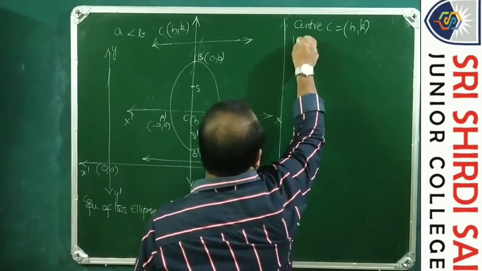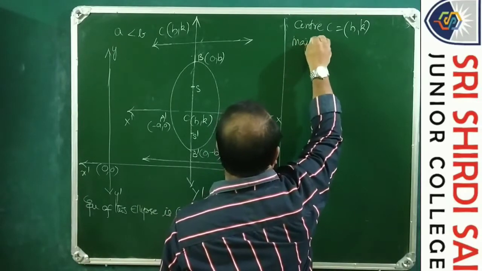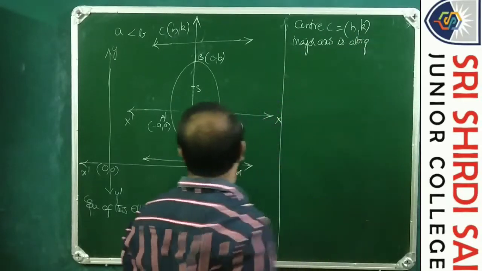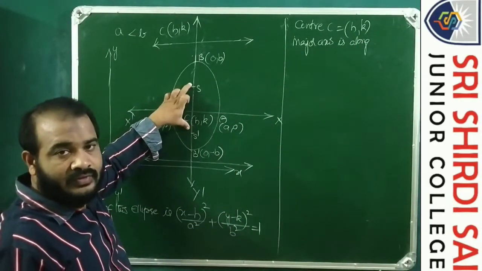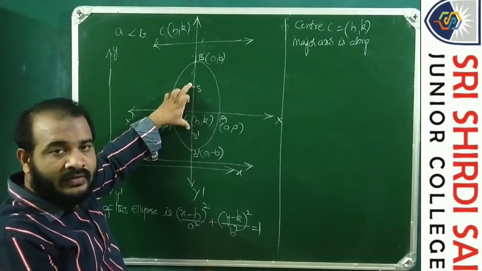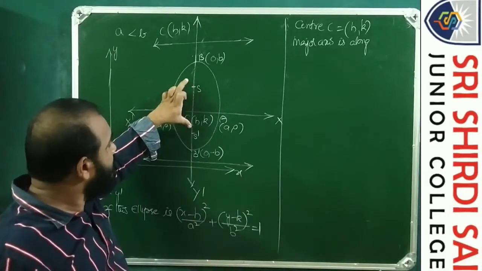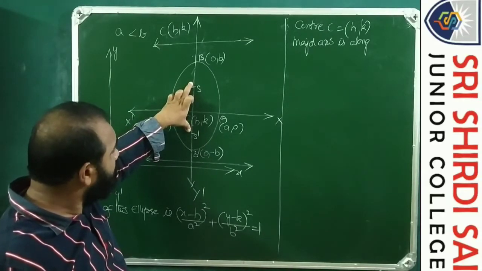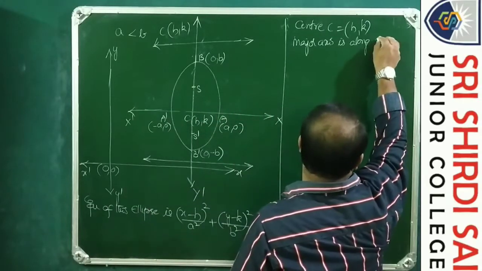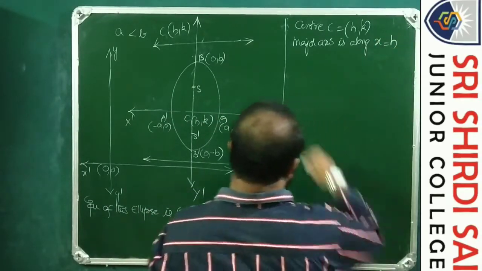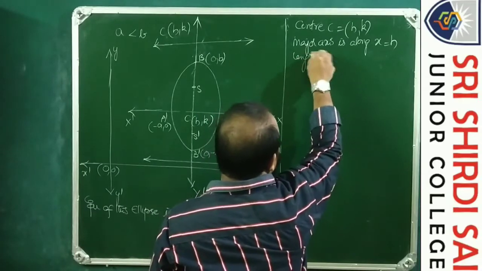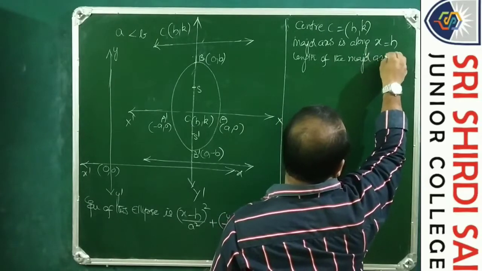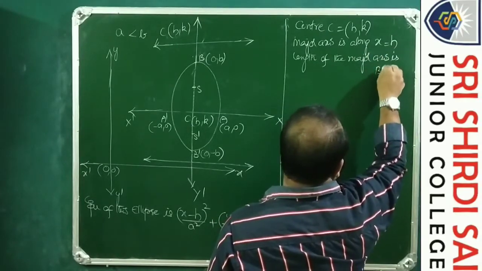So the major axis is along x equals h; when the center is at the origin, the major axis is along the y axis, x equals 0. The length of the major axis is B dash equals 2b.